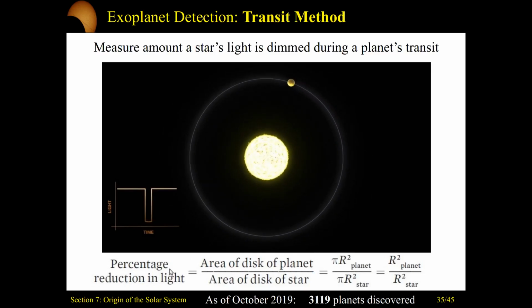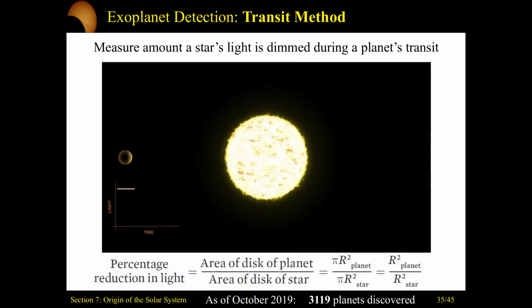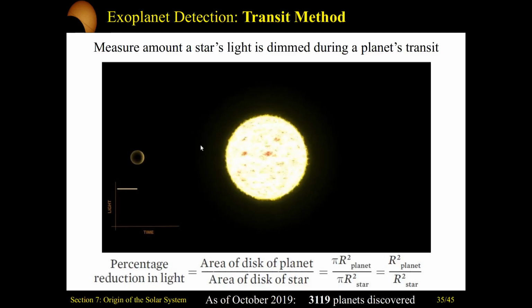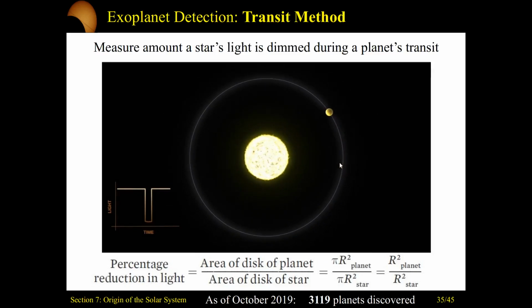And this is our primary method. We've gotten about 3,119 planets found this way. But think about an easy limitation. You need the planet to transit this way. If we look throughout the cosmos, any planets going around in this direction around us won't intersect. It has to be this very specific type of crossing. But it is very effective.